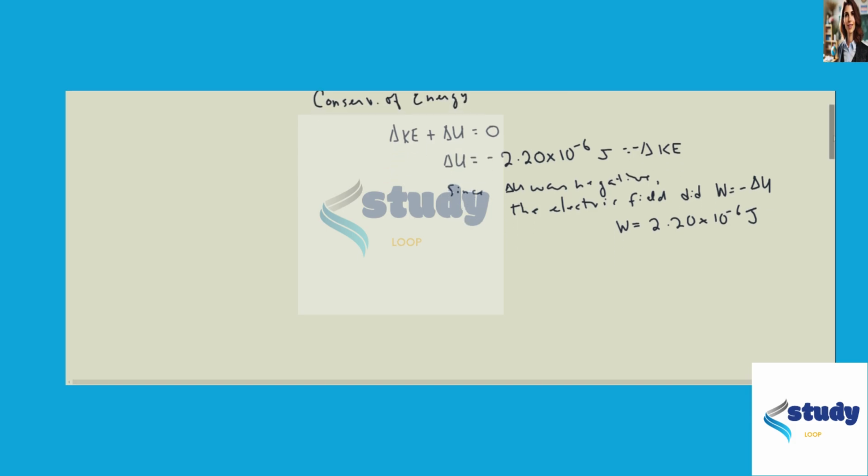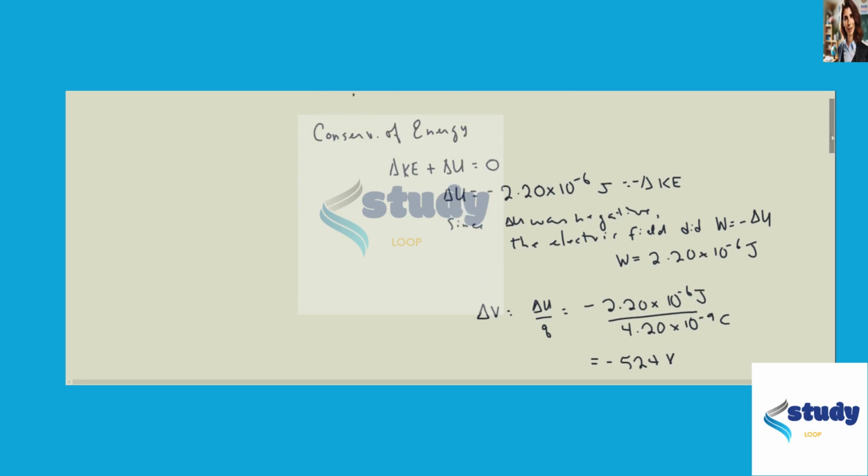Okay, and now we can find the potential drop. Delta V is equal to delta U over Q, which is minus 2.20 times 10 to the minus 6 joules over the charge, plus 4.2 times 10 to the minus 9 coulombs.